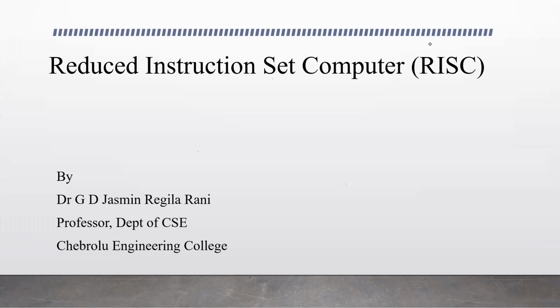Our today's topic is reduced instruction set computer, abbreviated as RISC. Based on the architecture of a computer, based on how things are organized internally, what is the set of instructions the computer has, and how many registers the processor of the computer has.